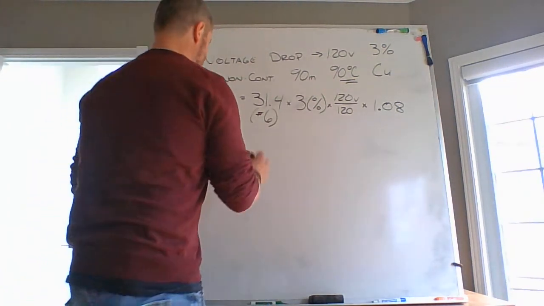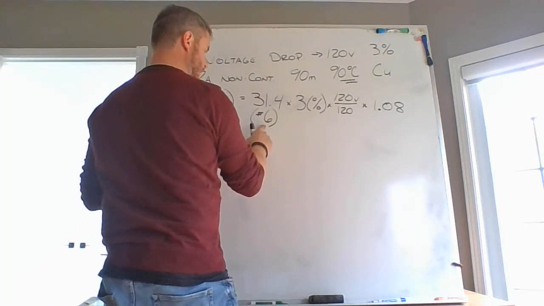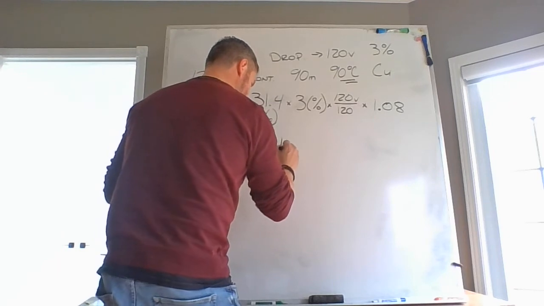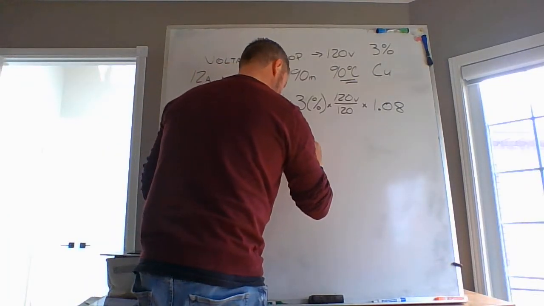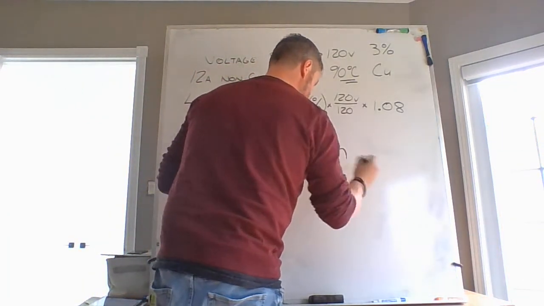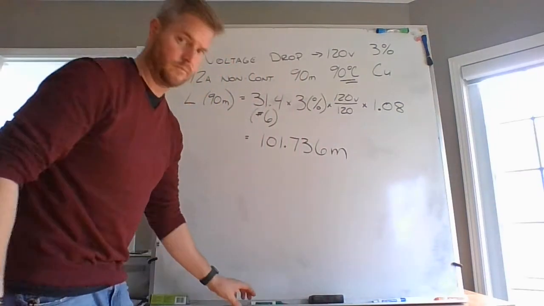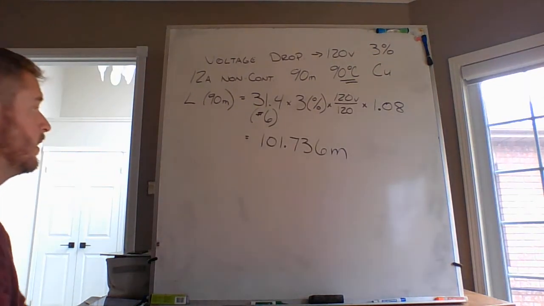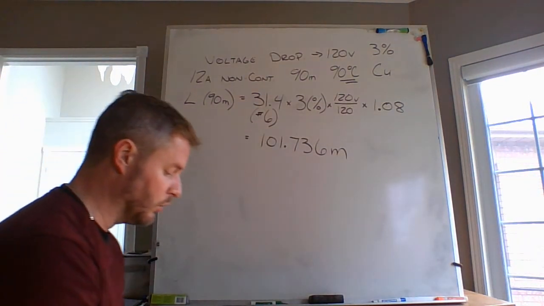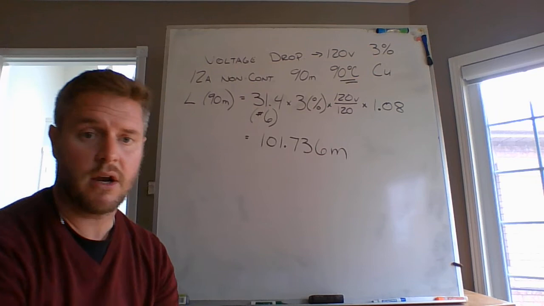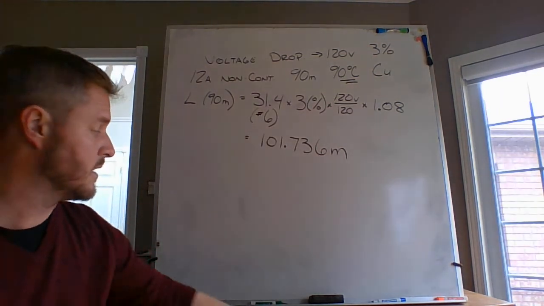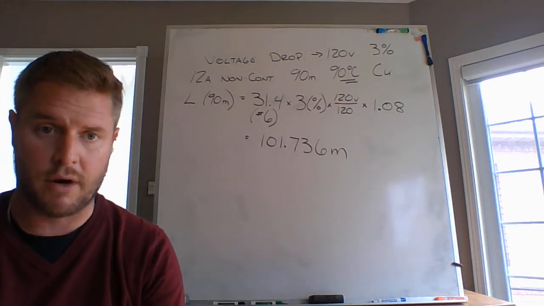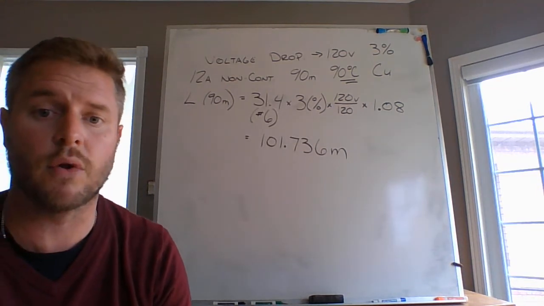And I figure out that using a number 6 conductor good for 75 amps will allow me to run 101.736 meters in total. I can go 101.736 meters total using a number 6 copper conductor with 90 degrees Celsius insulation ratings at a non-continuous load of 12 amps with no more than a 3% voltage drop on a 120 volt circuit.